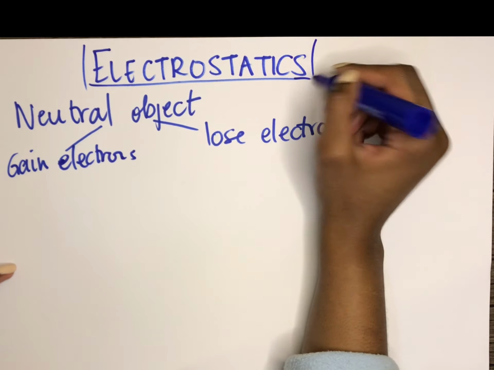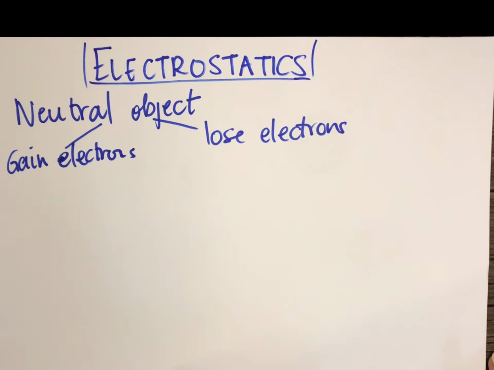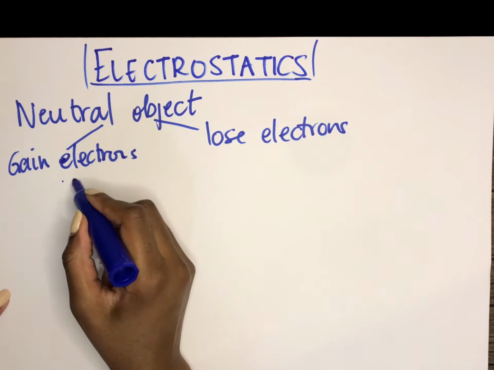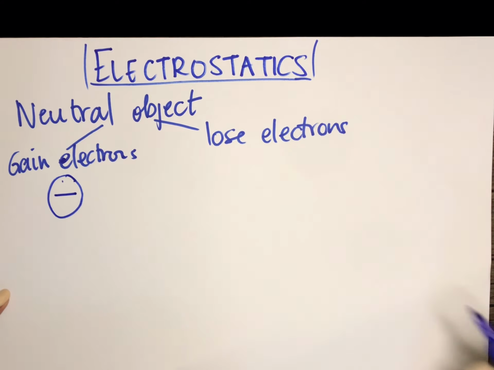We can charge it using triboelectric charging, which is like rubbing two objects, and then electrons can be transferred from one object to the other. So remember that protons cannot be transferred, only electrons, right? So when an object has gained electrons, then it acquires a negative charge.